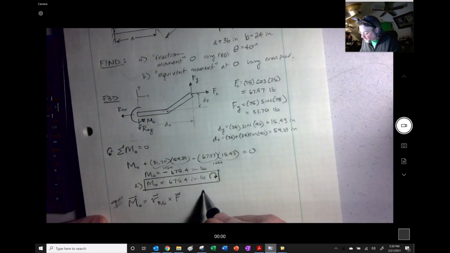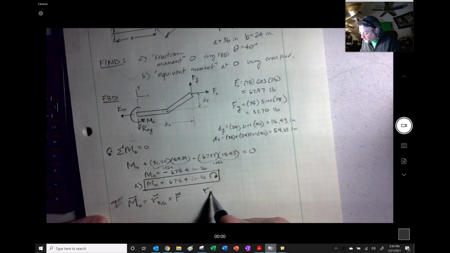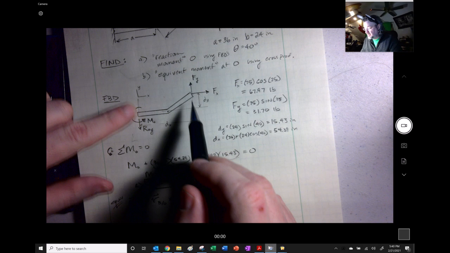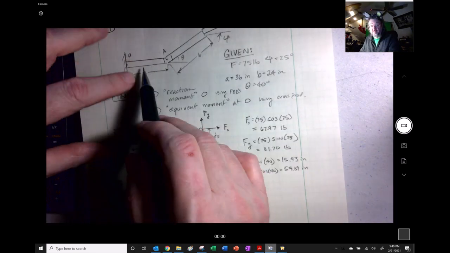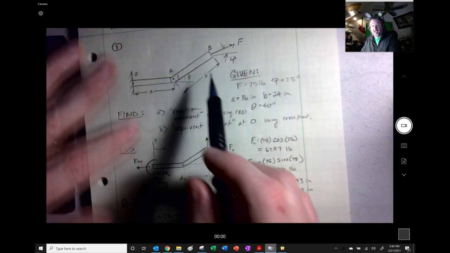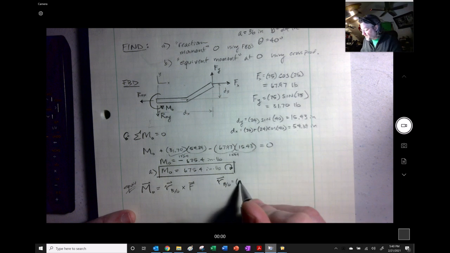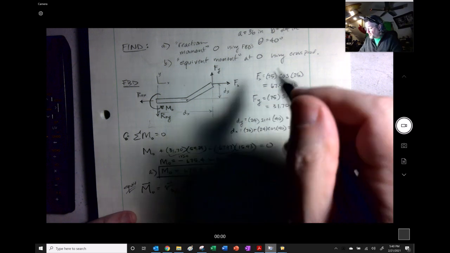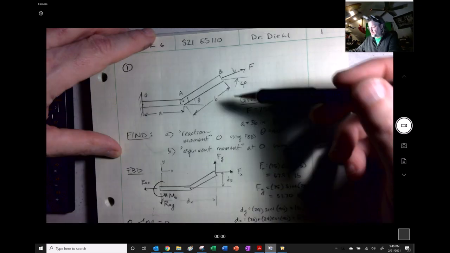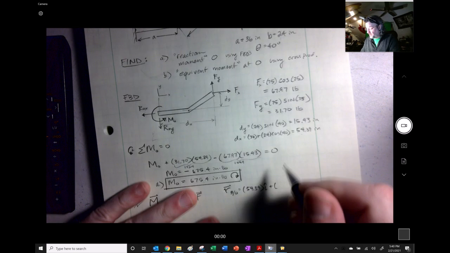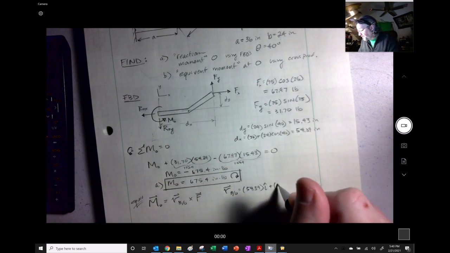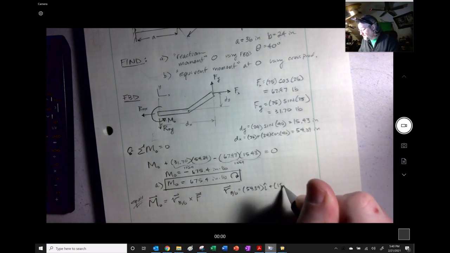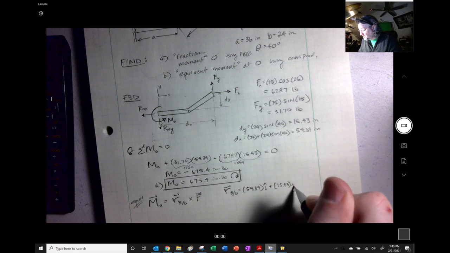I could write out that my R_B with respect to O is going to be this whole distance up here, from here to up here in the x direction, which I already found out was 54.39 i. And then the vertical distance between there, which I found was 15.43 j.